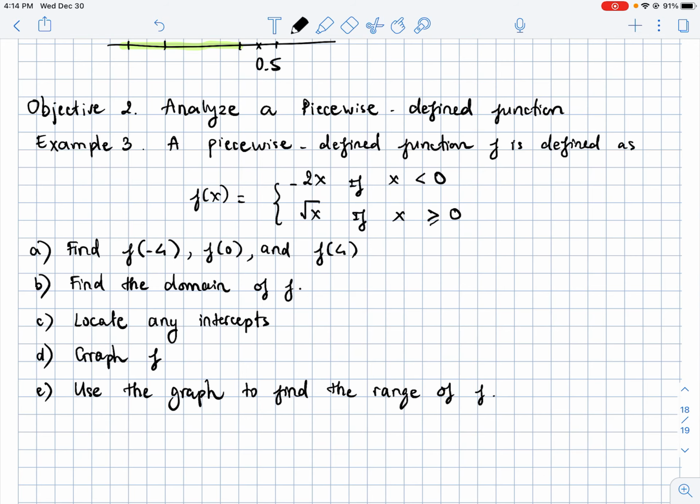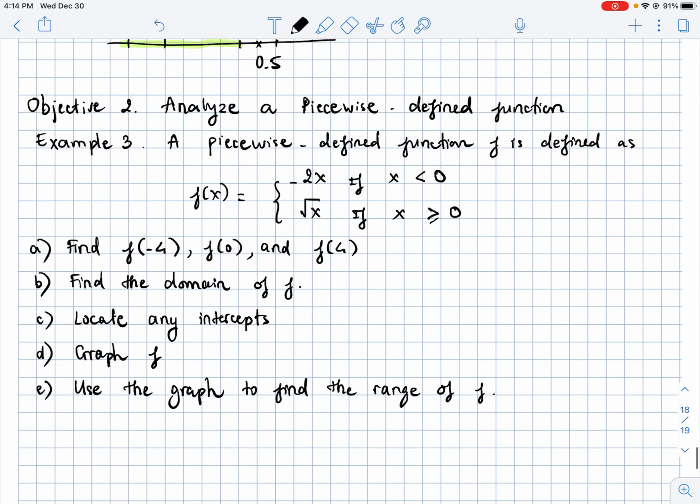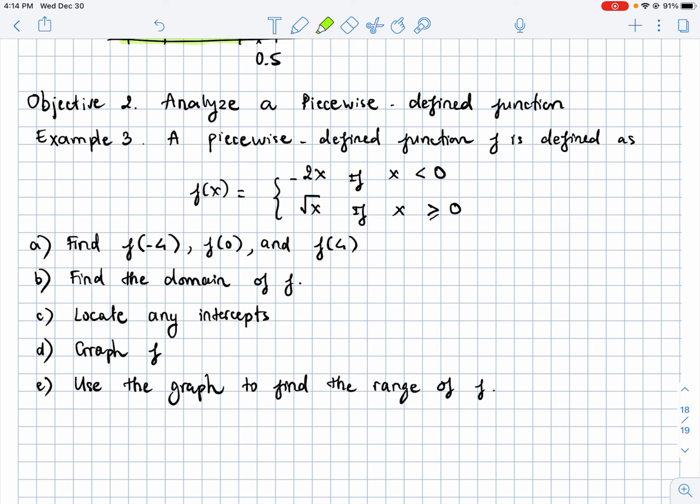Objective number 2. Analyze a piecewise defined function. A piecewise function is a function that has different domains. A part of the function has one domain and another part of the function has another domain.